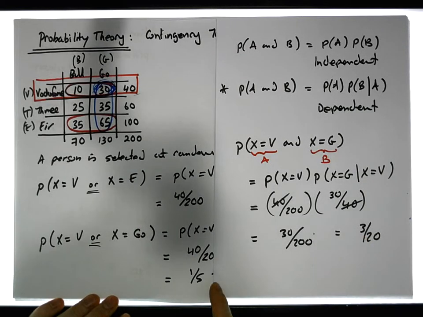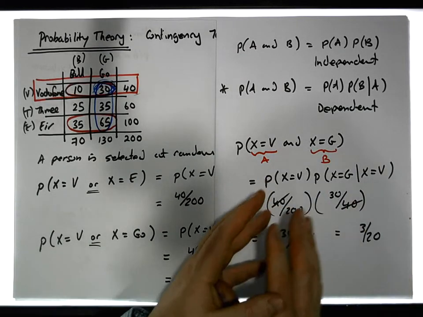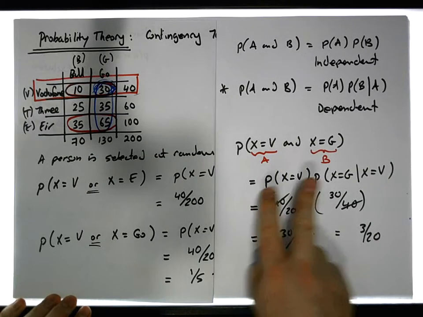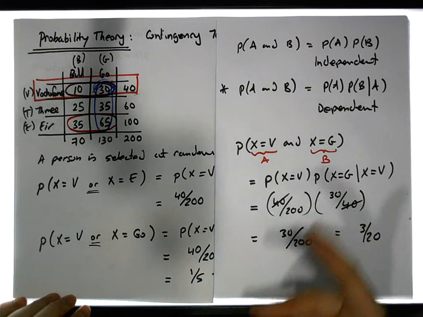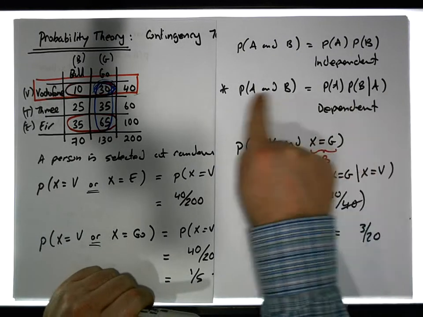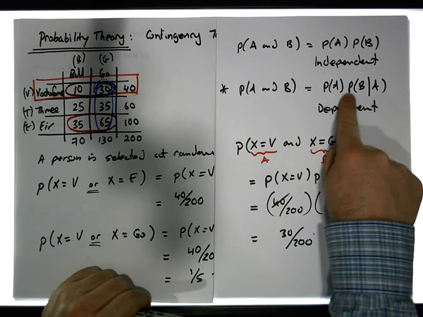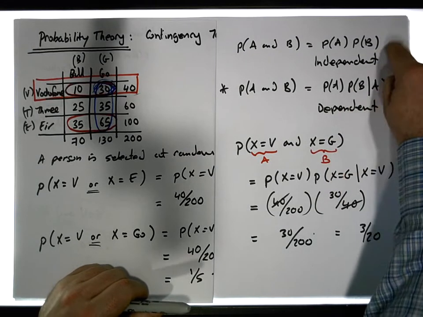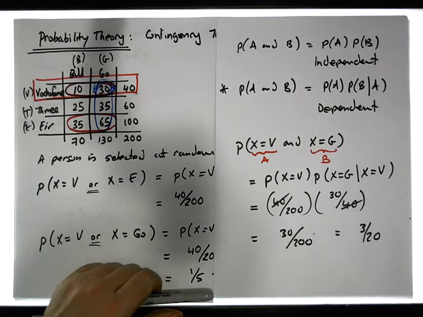So there were two ways to do this calculation. You can go directly into the contingency table to calculate the joint probability, or you can use the multiplication rule. And I'm saying, why not just use this version of the multiplication rule, because if they are independent of each other, this probability will reduce down to this probability here. Let's just keep that in mind.